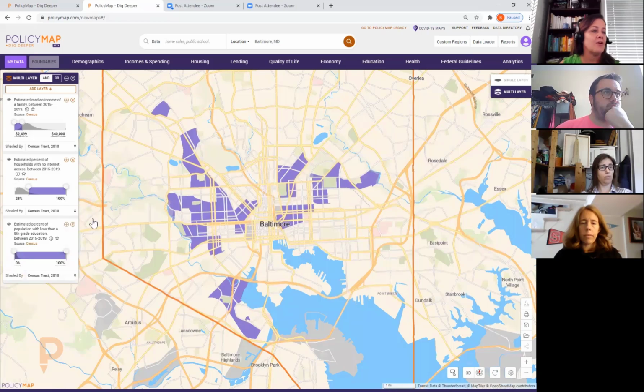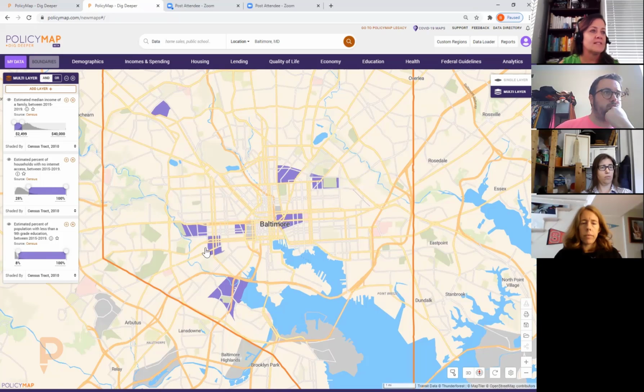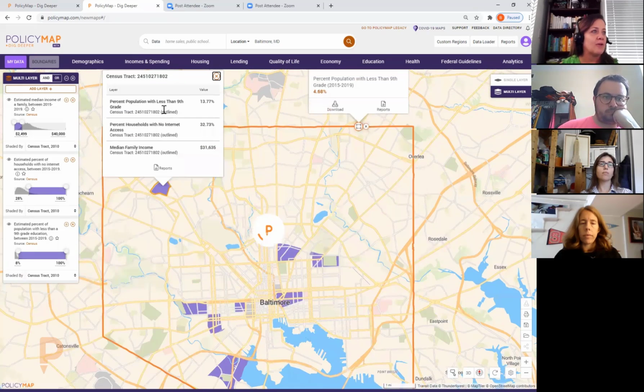And again, I can pull that out and find these areas of concern. I can do this for up to 5 different layers. That's a new feature of this new platform, that we can go up to 5 layers and really pull this out and figure out what's happening within a specific neighborhood.